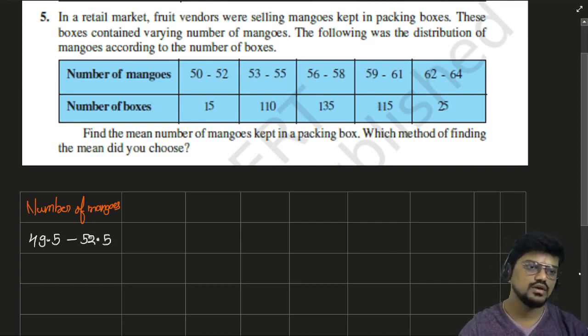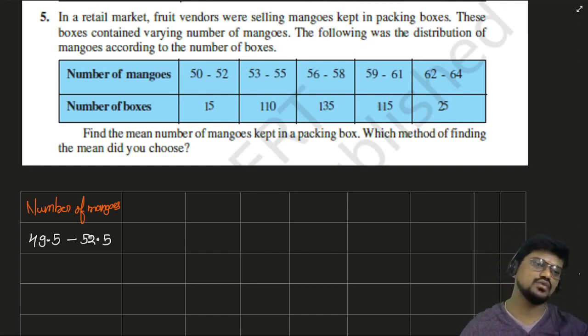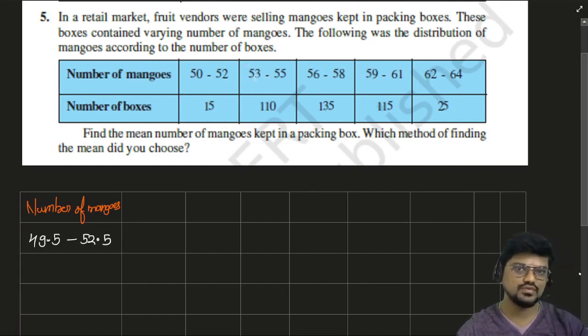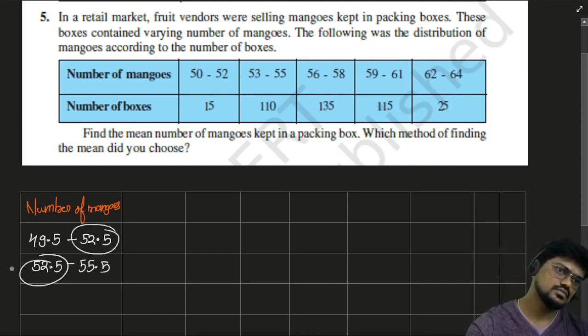What we are doing is subtracting half from the lower limit and adding half to the upper limit. Again over here you will subtract half: 53 minus half will be 52.5, to 55.5. See, now it became continuous.